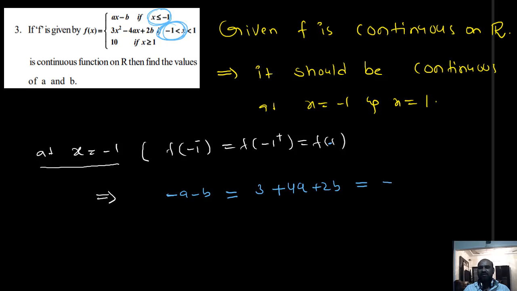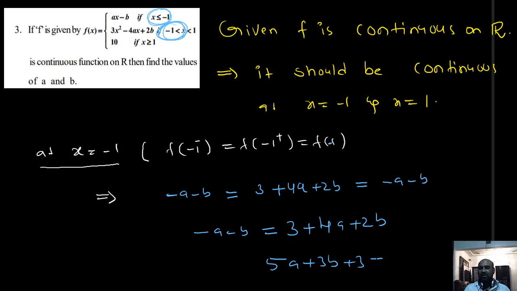That is -a - b. So these two are same, which means finally -a - b should be equal to 3 + 4a + 2b, or 5a + 3b + 3 = 0. This is one of the relations between a and b.